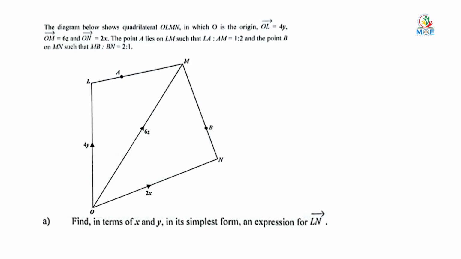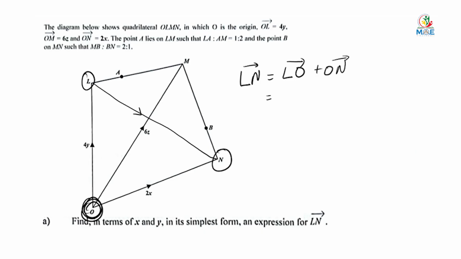The next question says, find in terms of x and y in its simplest form an expression for LN. So LN, we move from L and we go all the way across to N. So LN would be equal to, we can move from L to O, and then from O to N. L to O would be, we know O to L would be 4y, so in reverse it would be minus 4y, plus O to N would be 2x.